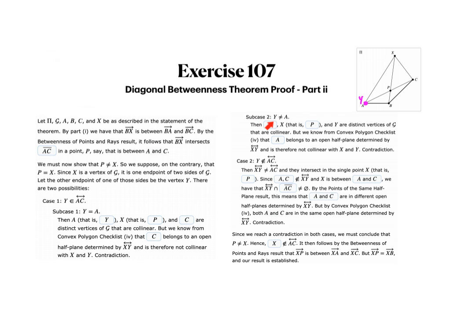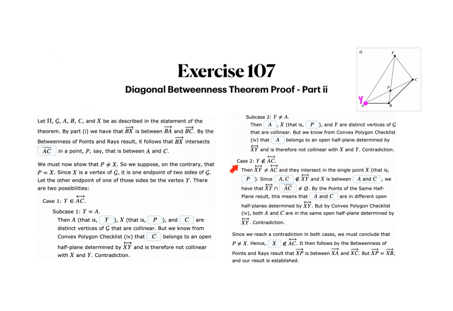Subcase 2 is where Y is not equal to A. Then A, X, that is P, and Y are distinct vertices of G that are collinear, but we know from convex polygon checklist 4 that A belongs to an open half plane determined by XY and is therefore not collinear with X and Y, and there exists my contradiction.